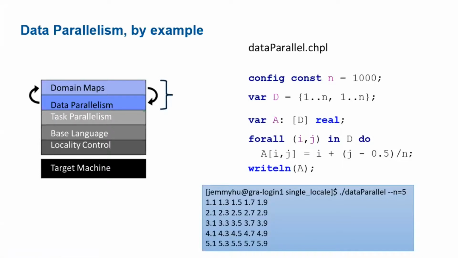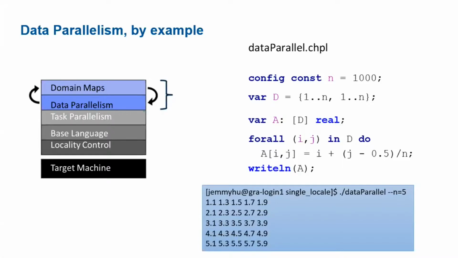And then another example to demo is data parallelism by example, although these demos are all from the Chapel tutorial website. So here is a config constant. You can always overwrite it, and there's a definition of a domain. A domain is a quite important concept in Chapel, and the domain and the domain maps are the key to doing data parallelism.